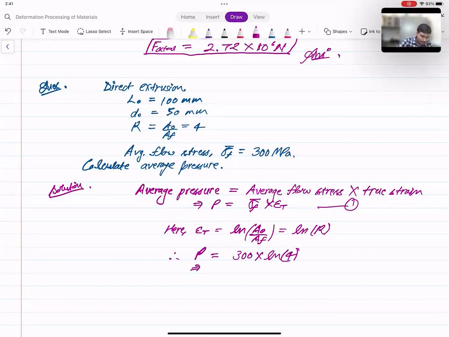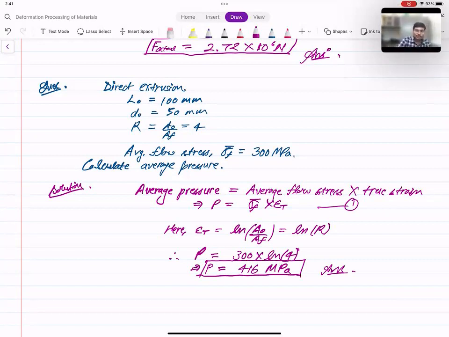Upon calculation, we get the value of pressure as approximately 416 megapascals. So this gives us the average pressure in case of this extrusion process.